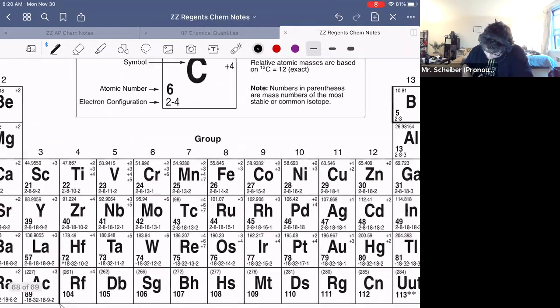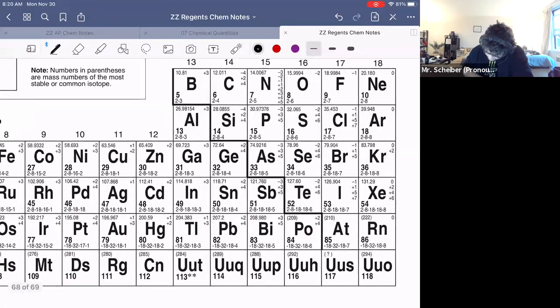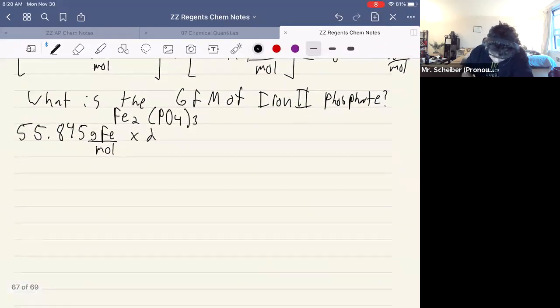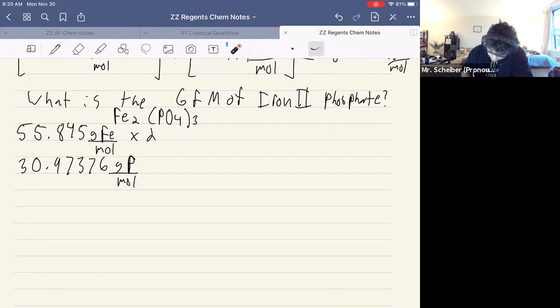And now here comes the tricky part. Phosphorus is 30.97376. 30.97376 grams of phosphorus per mole. Now, it might look like there's 1, but because of this little subscript 3, that tells us there are 3 phosphates, right? So there's actually 3 P's.